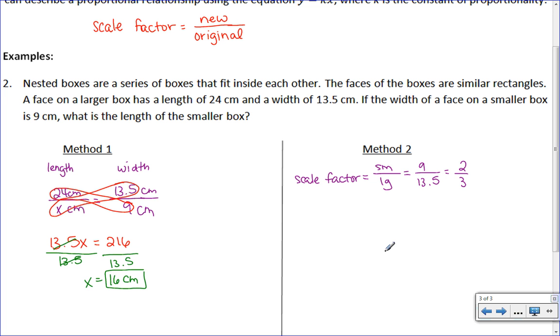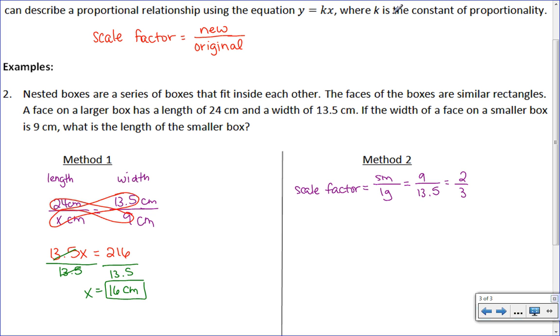Alright, now our general equation is y equals kx, where k is the constant of proportionality, or in this case, the scale factor. So the y will always be the one that you are trying to find. So we're looking for the length of the smaller box. So that is the length of the smaller box. And I can say that's equal to the constant of proportionality, which is the scale factor, 2/3, times x.